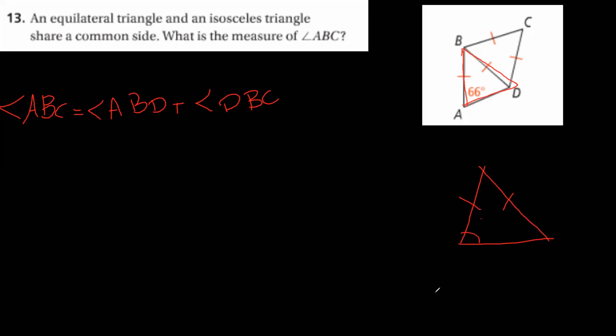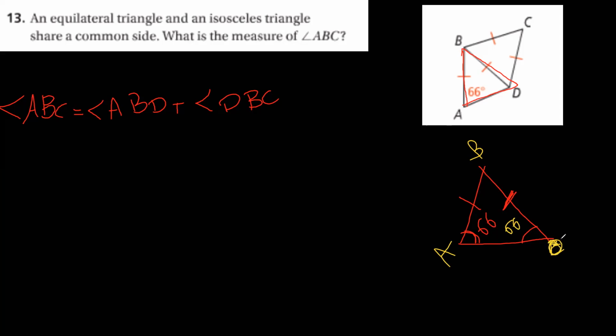And if this angle is 66, in an isosceles triangle the base angles are equal, so the second angle is also 66. This is the isosceles triangle theorem, and here I'm talking about the triangle ABD.